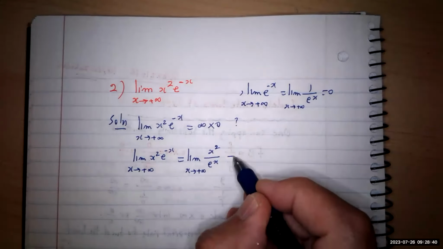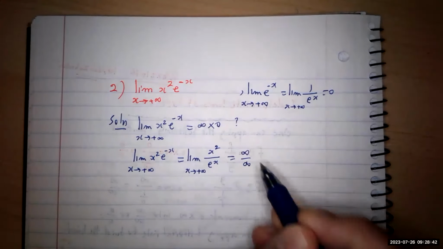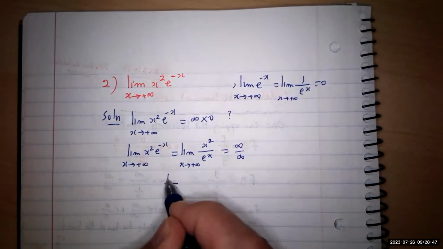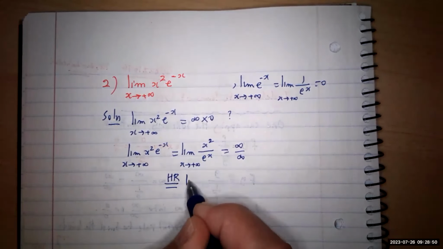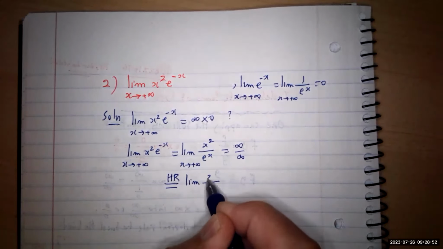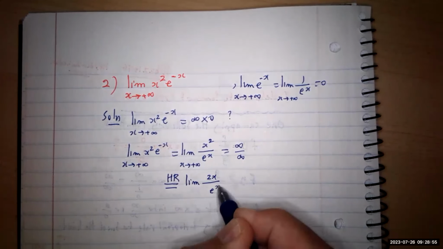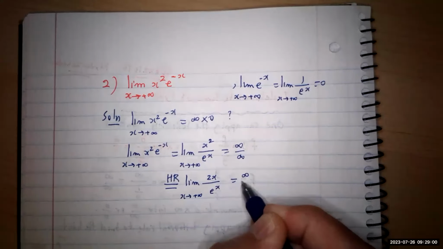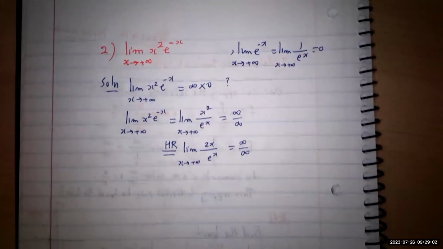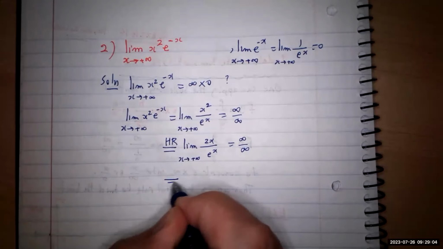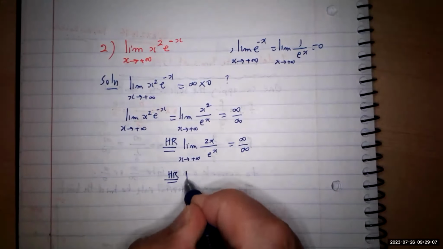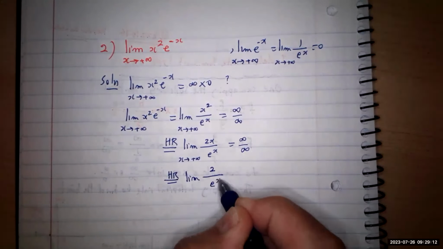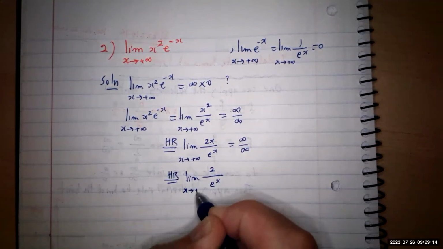Now we have infinity over infinity, and we can apply the L'Hopital rule. So that gives the limit of the derivative of the top, 2x, over the bottom, e to the x, as x goes to positive infinity. Again, this is infinity over infinity, so we have to continue once more. If you differentiate again, that gives you 2 over e to the x as x goes to positive infinity.